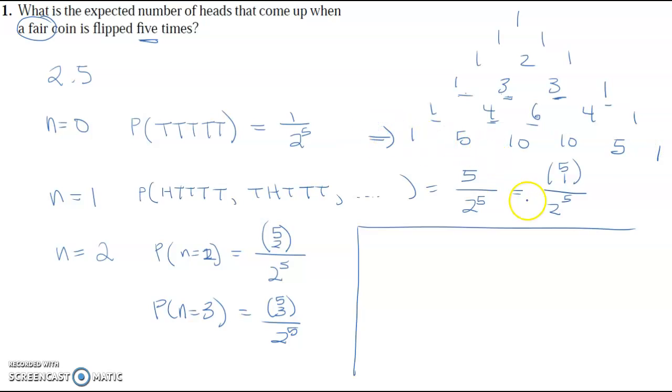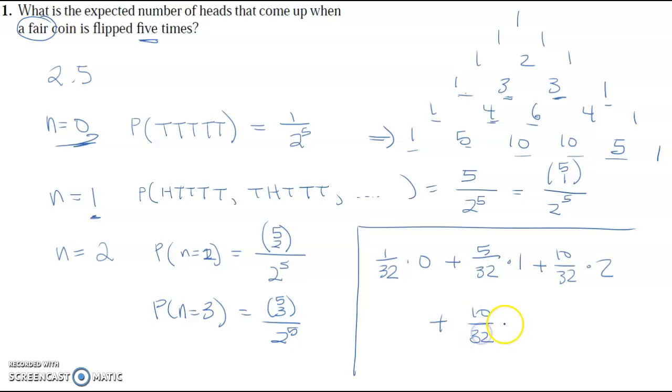So if you notice, we're utilizing that row, which is going to be 1 over 32 times 0, because n is 0, plus 5 over 32 times 1, because our n is 1, plus, and the numerator is going to be these numbers, 10 over 32 times 2, plus another 10 over 32 times 3, plus 5 over 32 times 4, plus the last number, 1 over 32 times 5.